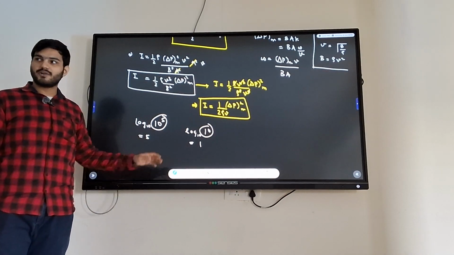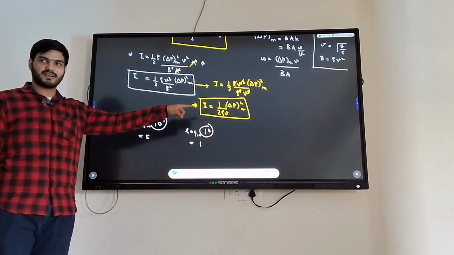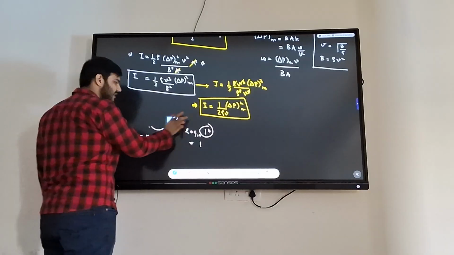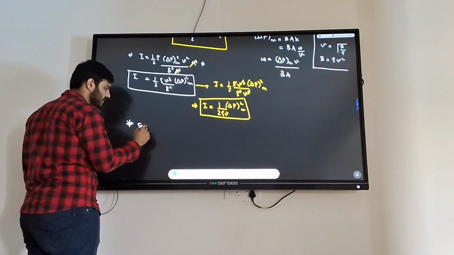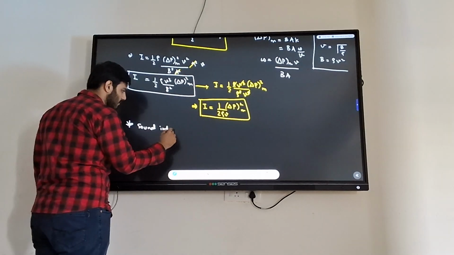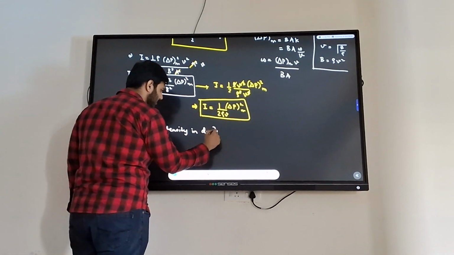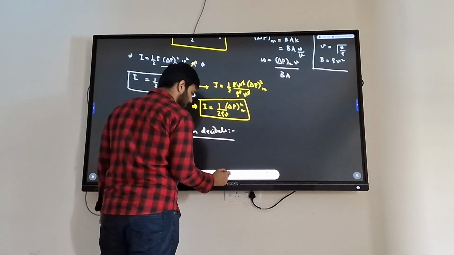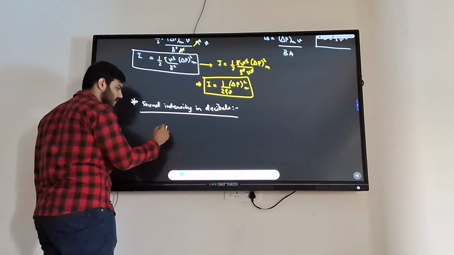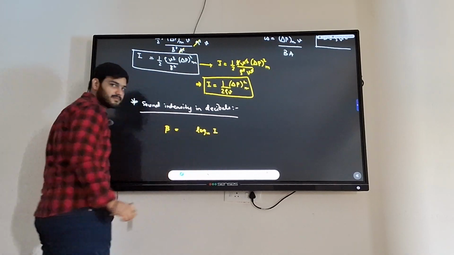Okay? So we will try to use this logarithm to scale down this intensity range, and that's called writing the intensity in decibels. So sound intensity in decibels is given as, obviously it will be dependent on log of intensity.